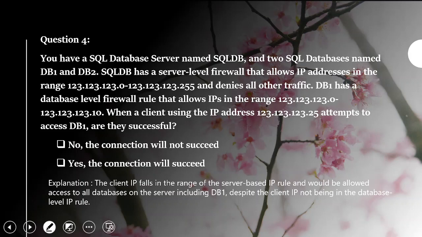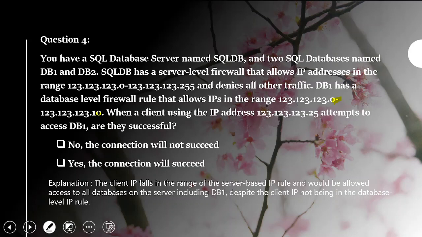So here the range is 0 to 255, and it denies all other traffic. DB1 has a database level firewall rule that allows IP addresses in the range of 0 to 10. I am just talking about the last octet, 0 to 10.